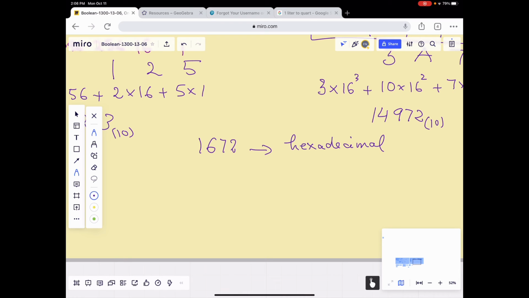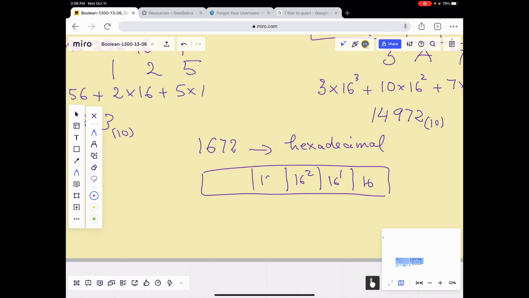Right now we do the hard way, but in a future lesson there is an easy way to do this conversion. But first you look at the number 1,672 and which power can divide into it, either 16 to the power of 1 or 16 to the power of 2 or 16 to the power of 3.